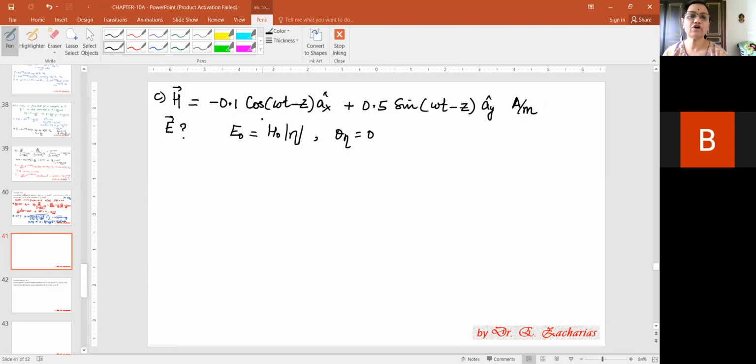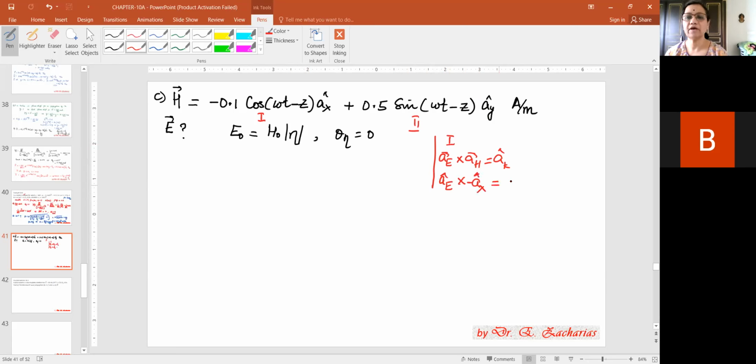We will call this term the first term, and this the second term. Let us quickly look at the direction for the first term. AE cross AH equal to AK. What is the direction of AH? Here it is minus AX cap for the first term.